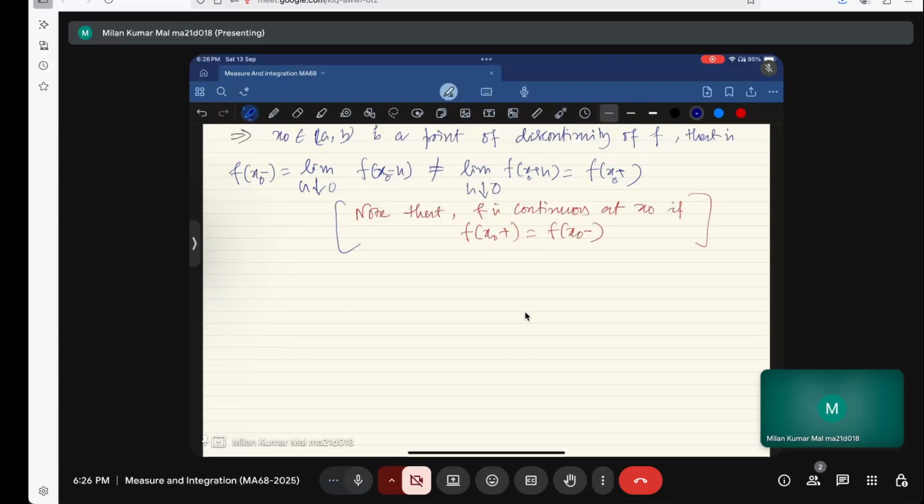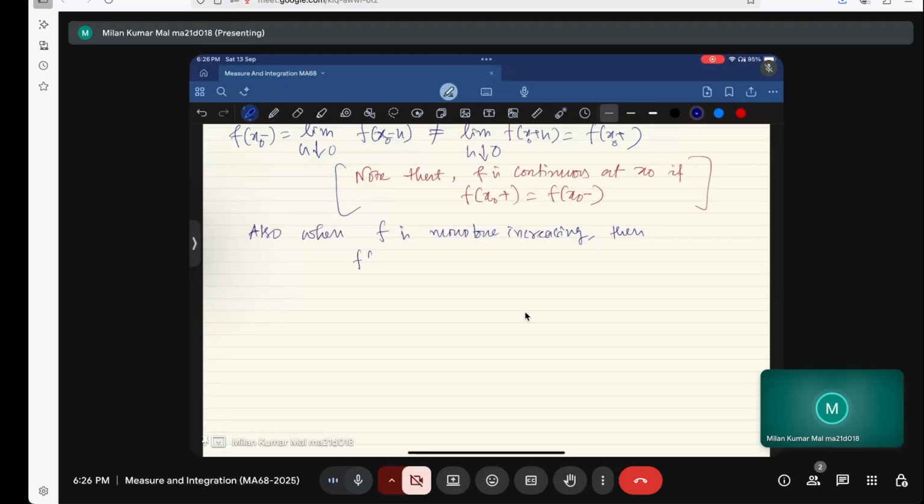But also, when f is monotone increasing, then f of x naught minus h is less than or equal to f of x naught plus h for all h greater than 0.